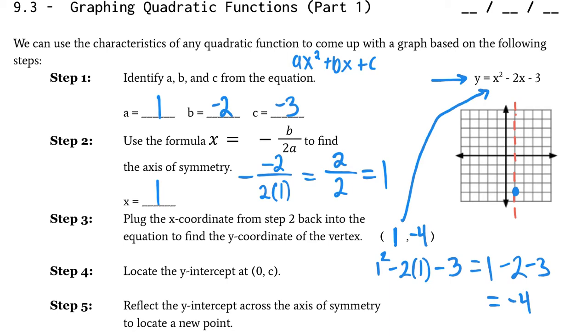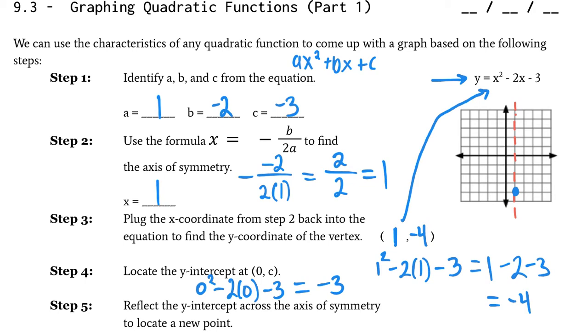So if you're on the y-axis, that means you haven't moved left or right from the origin point. So that's why our x value is always 0 for the y-intercept. So if you forget, you can always just plug 0 in, and it'll tell you the y-intercept. So 0 squared minus 2 times 0 minus 3 is equal to negative 3.